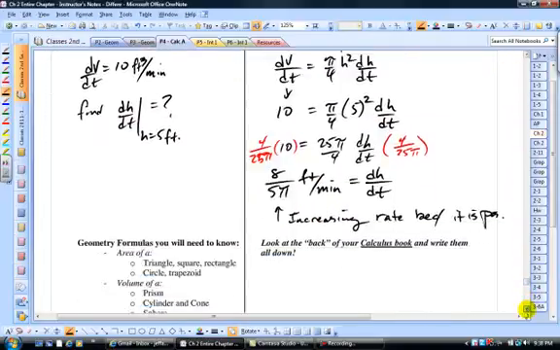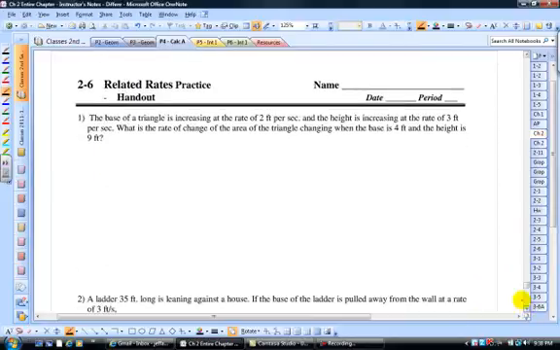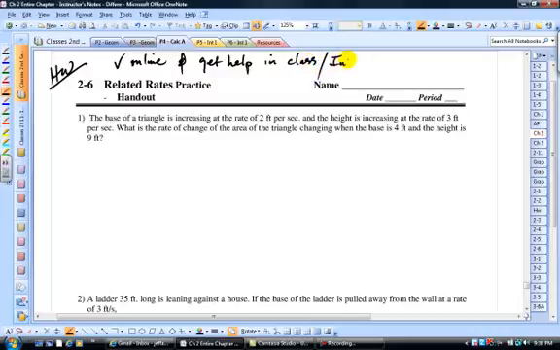Turn to the next page and take a look at your homework problems in this handout. Go ahead and try these, and we'll check them online, and get help in class or in the intervention period, or go into lunch, do whatever it takes.